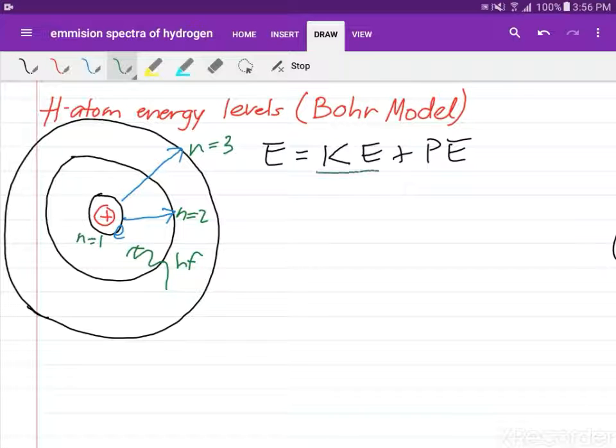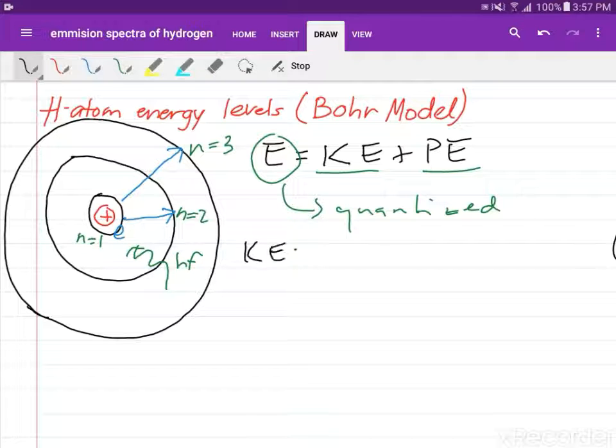So if we determine the kinetic energy and the potential energy, we would know how the energy is being quantized inside a hydrogen atom. Okay, so first we find what is the kinetic energy.